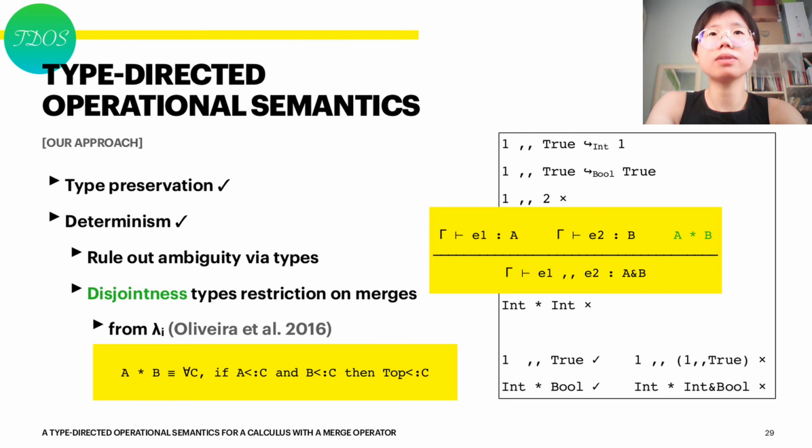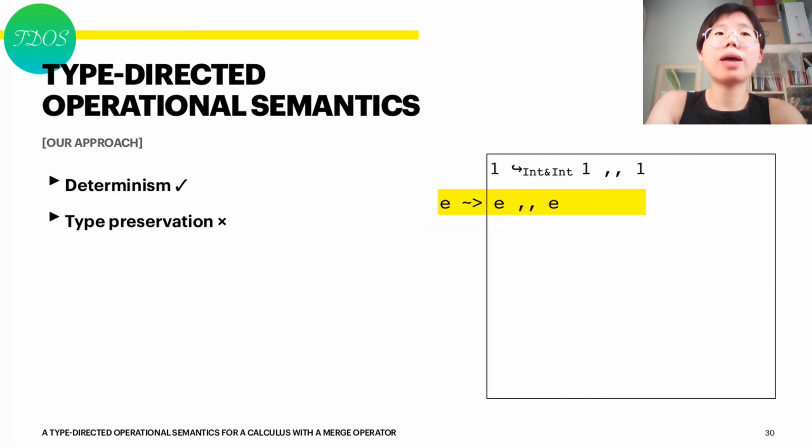Although we have obtained determinism, type preservation breaks again. Do you remember the split rule in Dunfield's semantics?